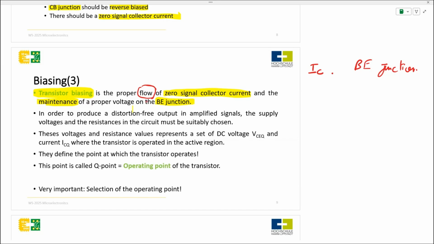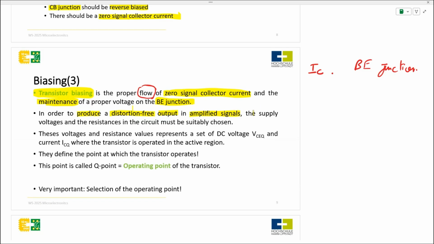The second point: in order to produce a distortion-free output in amplified signals, you want no distortion in your output in your amplified signal.